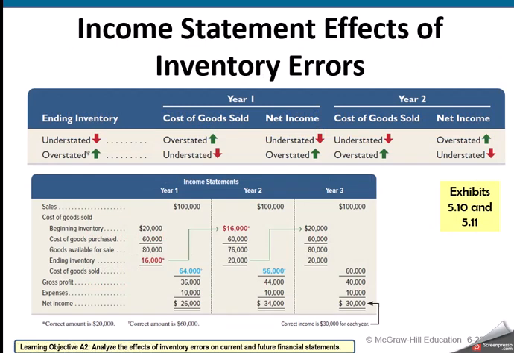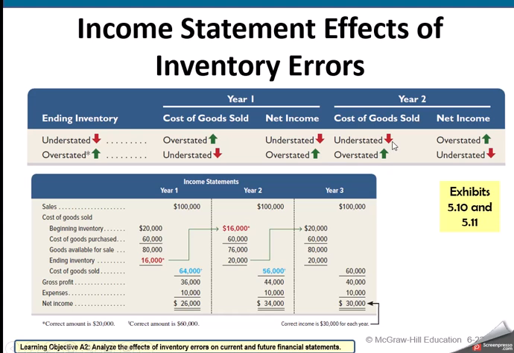Okay, then we get into the inventory error. So like I said, if we don't take a good physical inventory count and our inventory is understated, then our cost of goods sold is going to be overstated and our net income is understated. If our ending inventory is overstated, then our cost of goods sold is understated and our net income is overstated. What you'll see though, as you look from one year to the next, it will wash itself out.